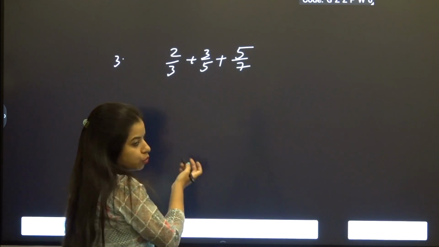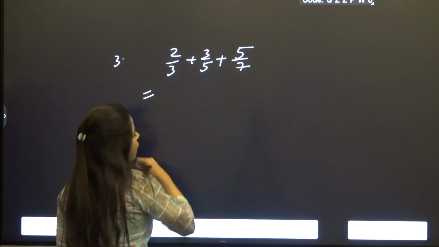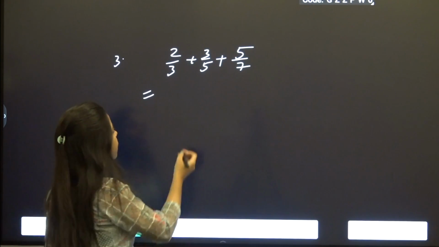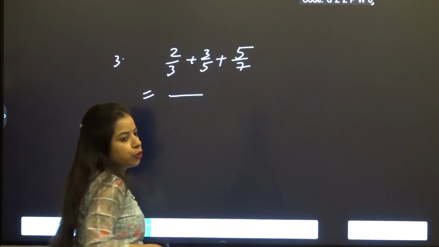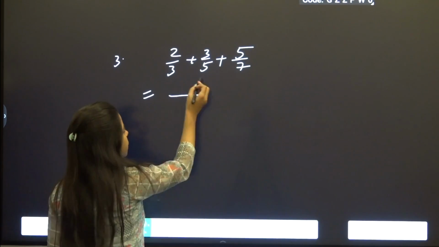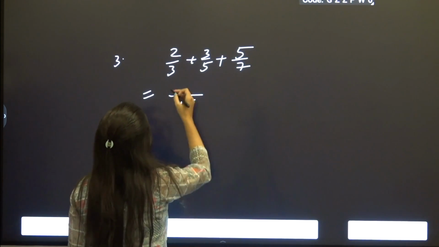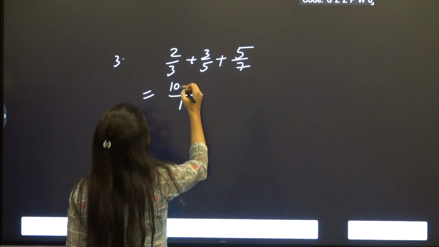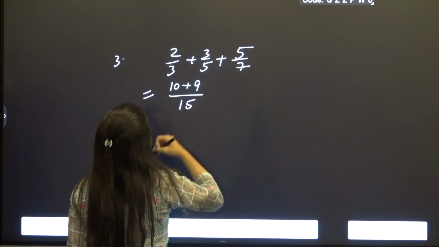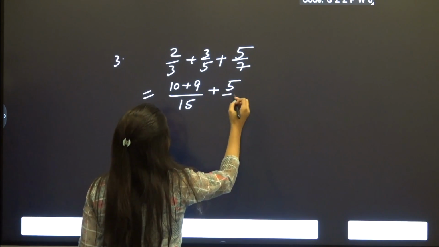How to do that? See, in the first method we can simply take two fractions at a time. That will be 15, and this will become 5 into 2, 10, plus 3 into 3, 9, and this is 5 by 7.